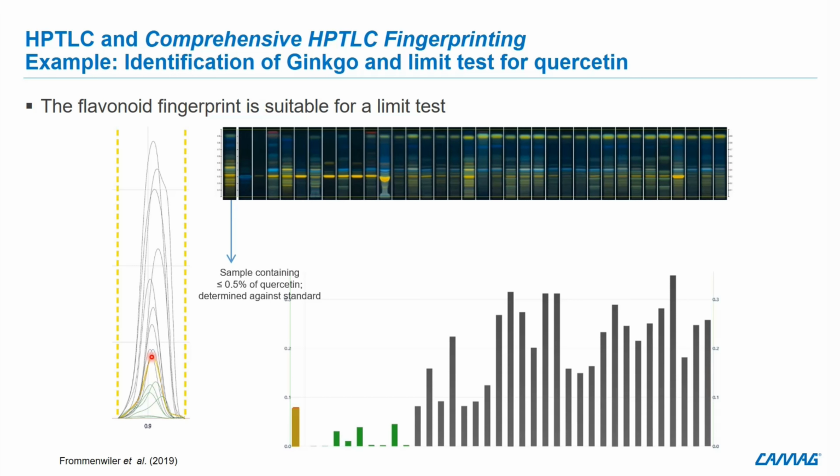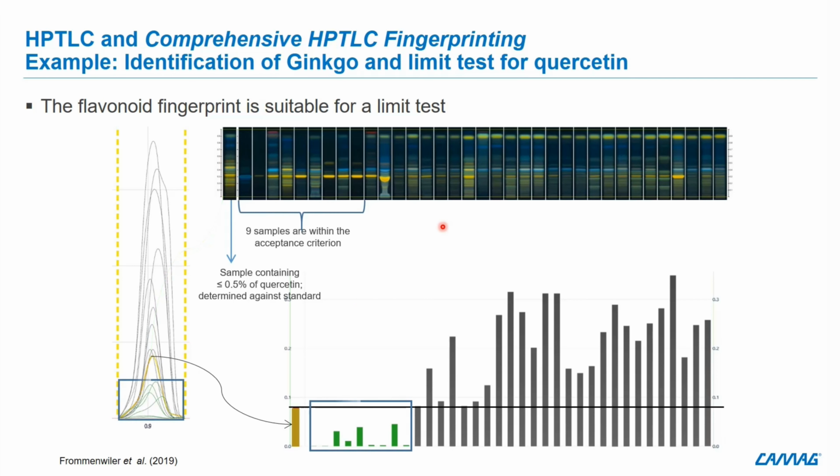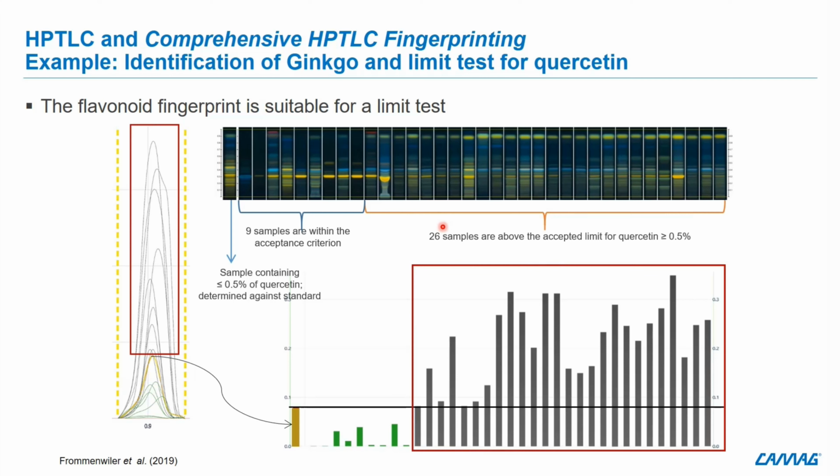In our market study, 26 samples have failed the limit test, and only 9 samples were within the acceptance criterion for quercetin, but failed because of other issues which we will see later on. So those were within the acceptance criterion for quercetin, but they also have failed because of other reasons.